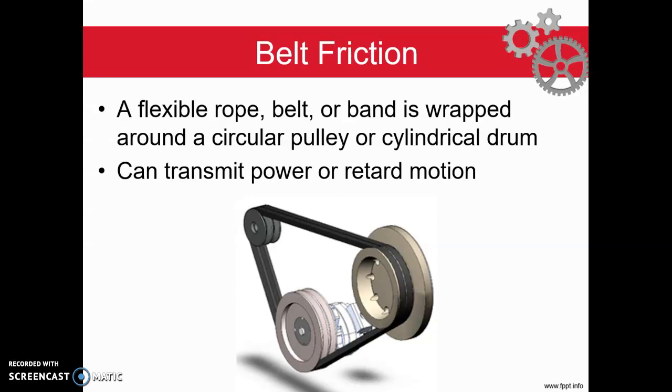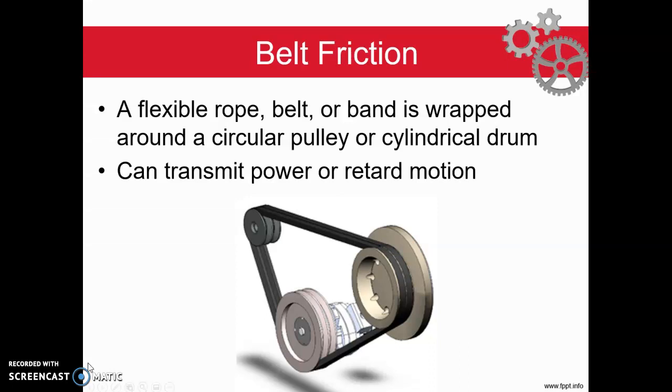And the belt can be a rubber belt or a rope or cord or any type of flexible, in a way, a structural or mechanical member, I suppose would be a better way of describing it, a mechanical member that wraps around a cylinder or drum or pulley.